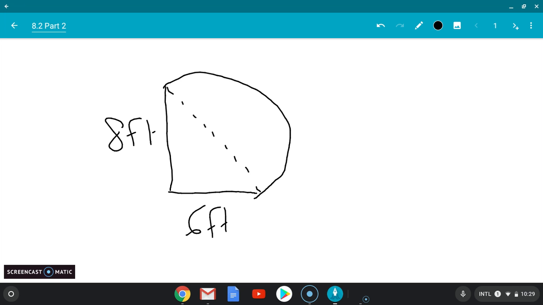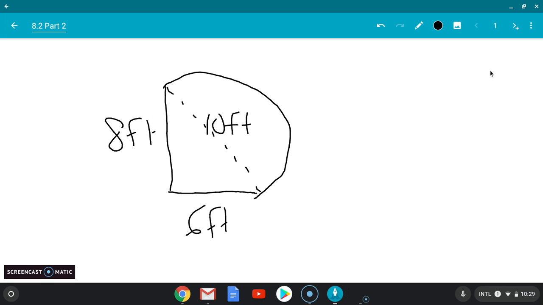All right, and then this cross dashed segment, which is not actually part of the outside of the figure, but we need it, is 10 feet. Now, we need that piece because if this was a full circle that went all the way around like this, that 10 feet would be our diameter, right?